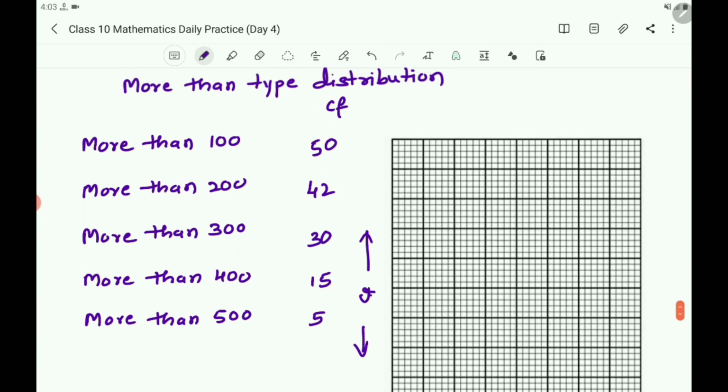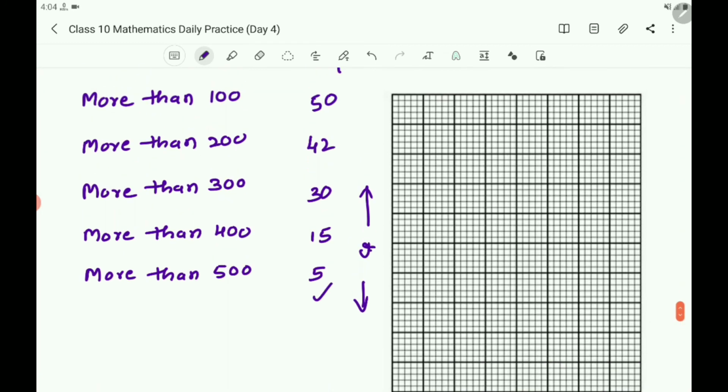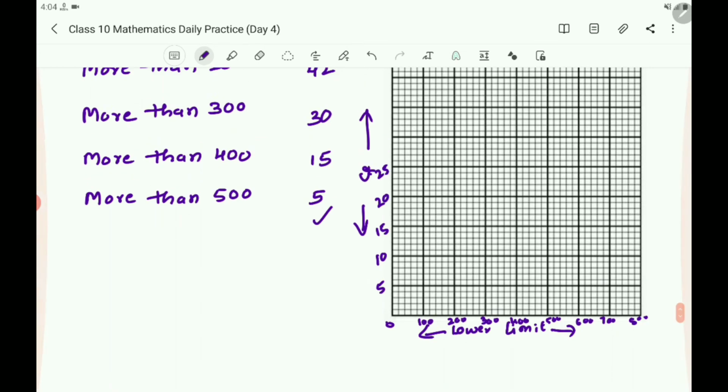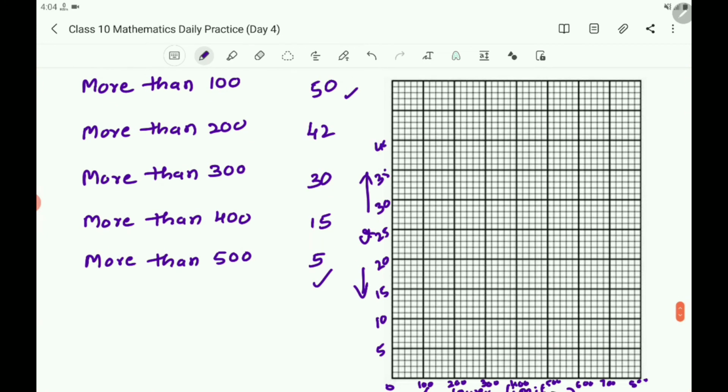Here it starts from 100, so you take 100, 200, 300, 400, 500, 600, 700, 800. On the y-axis it starts from 5 and ends at 50, so you take 5, 10, 15, 20, 25, 30, 35, 40, 45, 50.